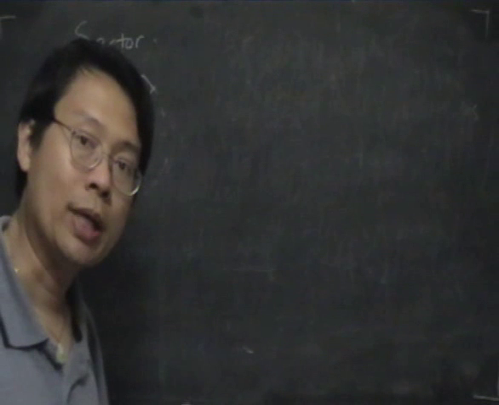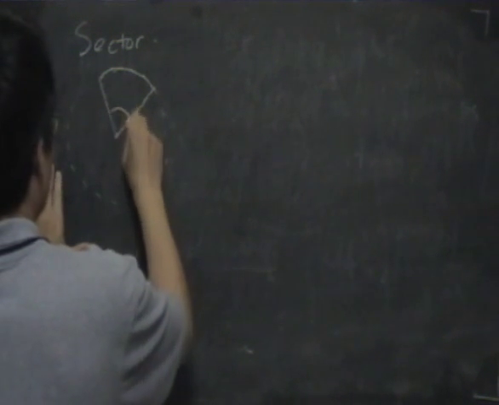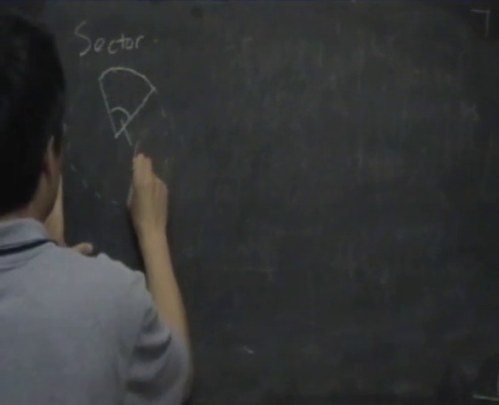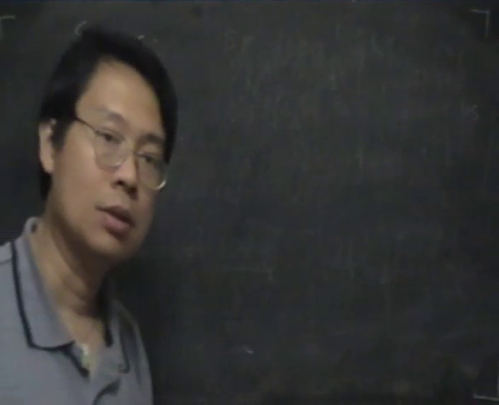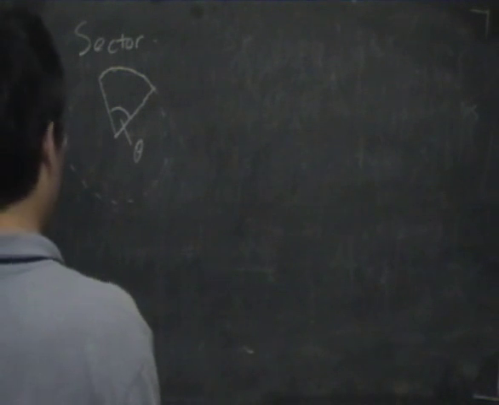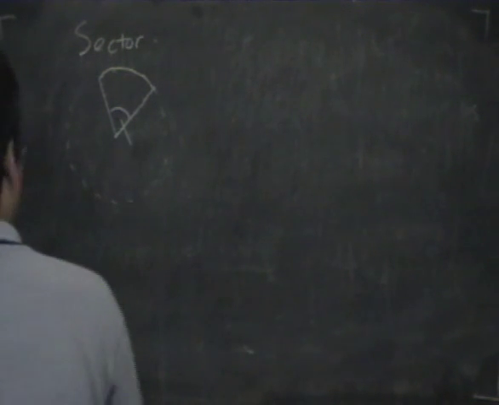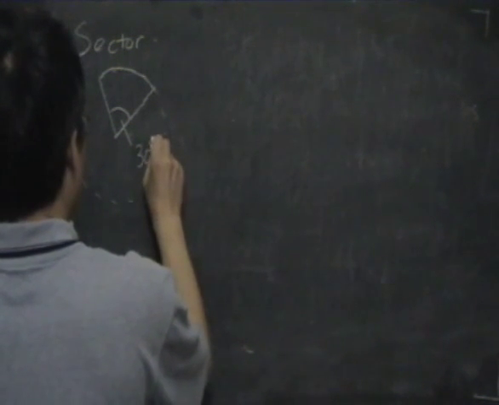Now, we can also find the area of a sector, and the way to find it is that you have to know the angle. Right. Now, in this example, let's say the angle here is 30 degrees.